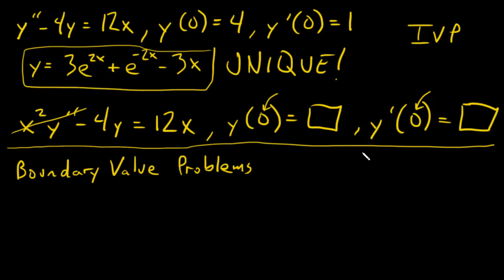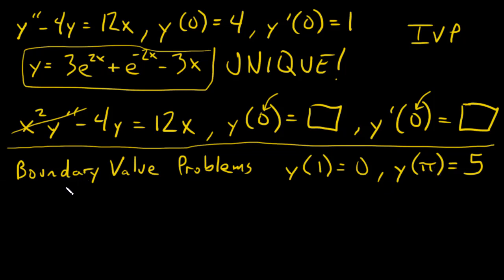Well, boundary value problems don't take place at the same value. They have things like y at, I don't know, 1 equals 0 and y at pi equals 5. So we have different locations, the different x values that we're going to be plugging in.